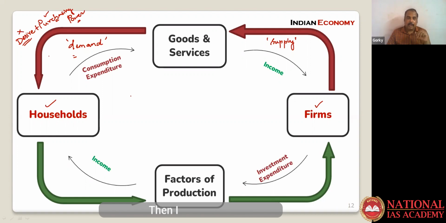Then I may not be termed as demand. I need to have the desire and the purchasing power or ability. Then only my presence will be called demand. That is very, very important.